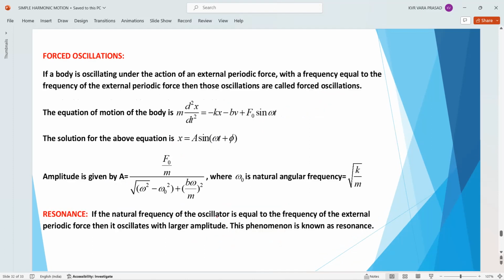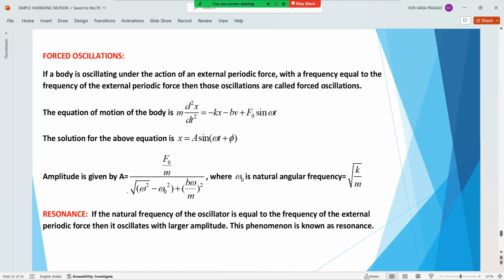It is forced oscillations. The name itself indicates a body oscillating under the action of an applied force. It is also a periodic force. See the sentence carefully once.